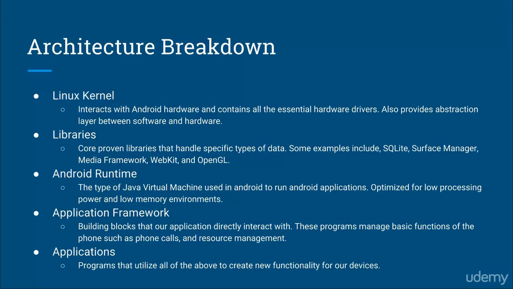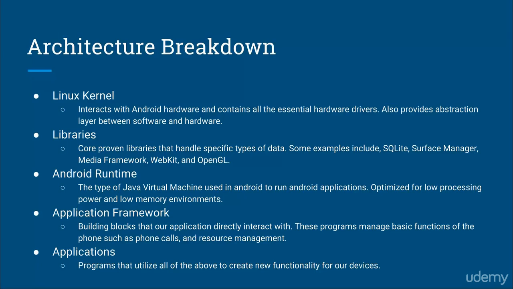Well, Android has taken a specific Java virtual machine, as I've said, that's optimized for low processing power and low memory environments, which is really good when we're dealing with mobile devices, right? Because with mobile devices, we don't have a lot of processing power and we don't have a lot of memory, right? So as I said, they grabbed a custom virtual machine and bundled it with Android to make it more efficient.